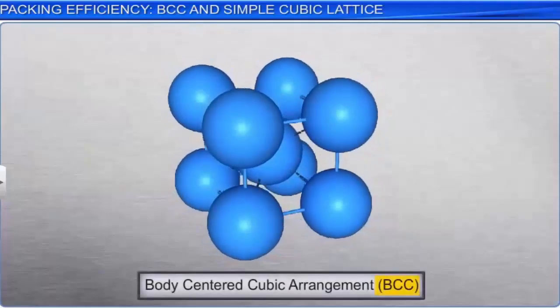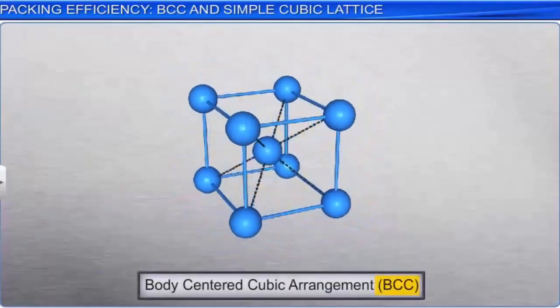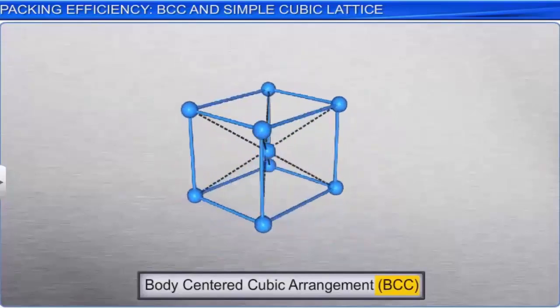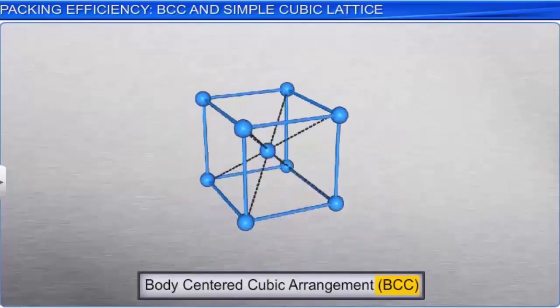You know that BCC stands for Body-Centered Cubic Arrangement of Particles. Let's now study body-centered cubic arrangement. In this arrangement, the particles are present at the corners and the body center lattice points.